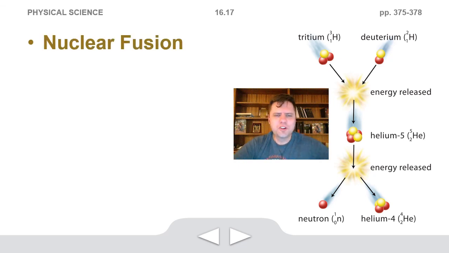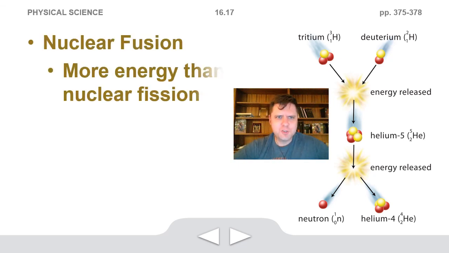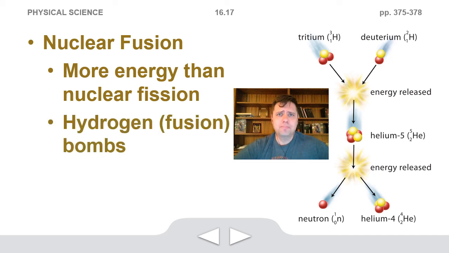And then there's nuclear fusion, which produces even more energy than nuclear fission. As a matter of fact, the hydrogen bomb is a bomb that begins with a fission reaction, just like the original atomic bomb, but then that fission reaction provides enough energy to then begin a fusion reaction, which produces even more energy.